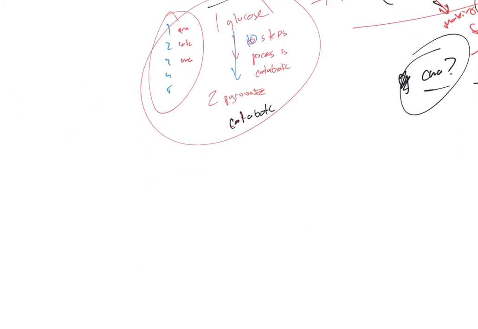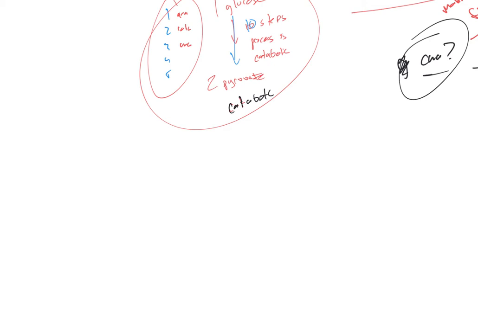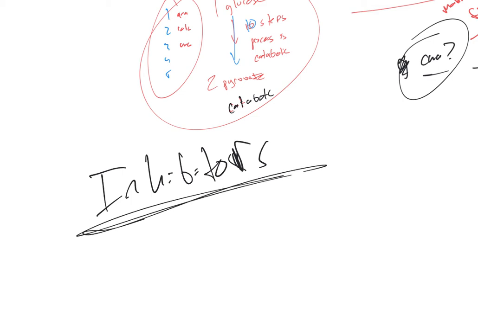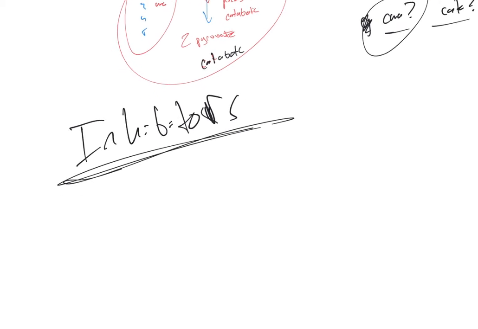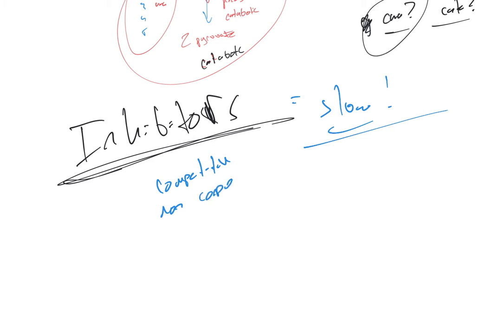Now there is a thing about inhibitors. What does it mean to inhibit? It means to slow things down. So there are competitive and non-competitive inhibitors, and there is one more type.